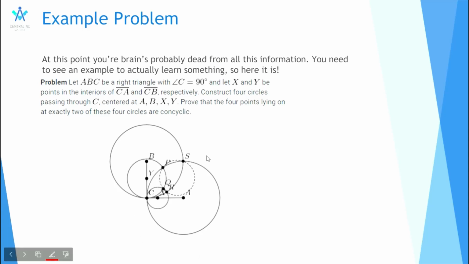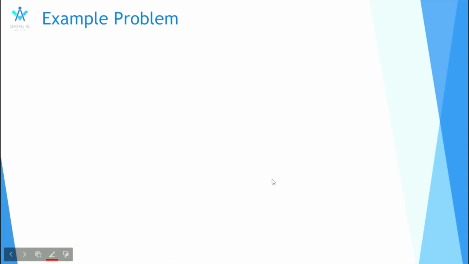So let's draw that here. We're going to have our point C here. Let's say A prime is here. Let's say X prime is here.